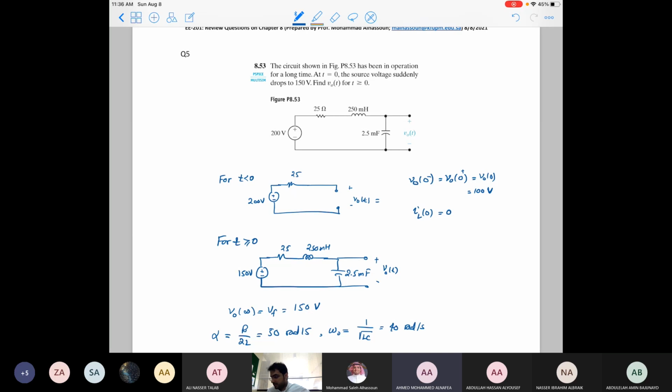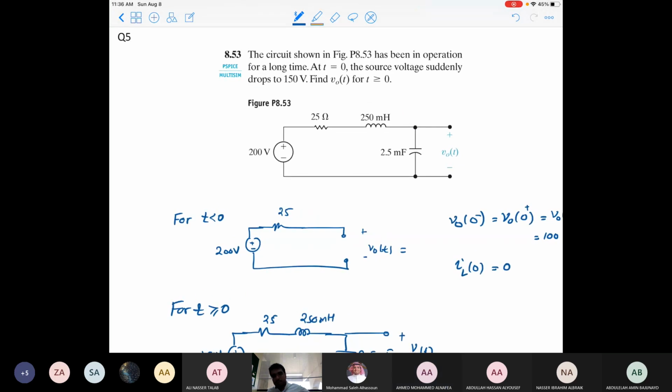Okay, before this, the value of the voltage source is 200 volts. This is what happens for t less than 0. Then at t equals 0, you change the value of the voltage source to 150. So there is a change. The change took place not by a switch, but by changing the value. So think about it this way. You have 200 volts.